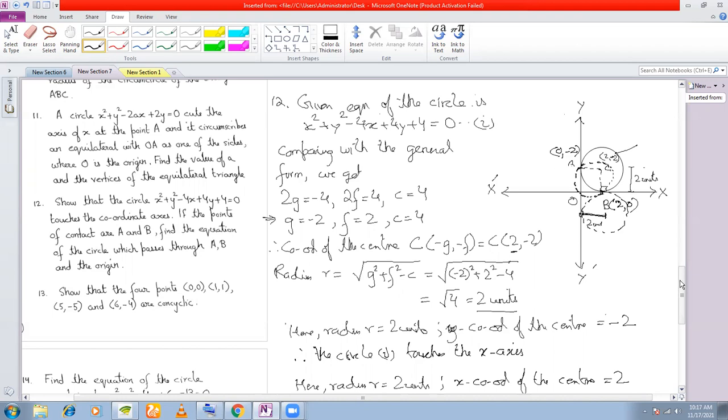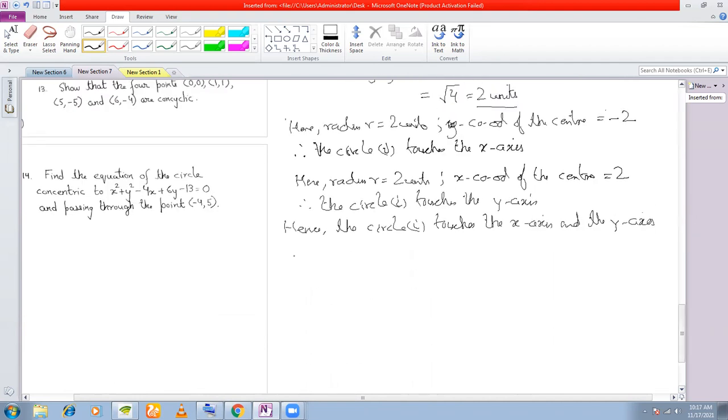So what are the points? Let's write the coordinates first. The coordinates the circle must pass through. This is the second part. The circle must pass through A (2, 0), B (0, minus 2) and the origin. The circle must pass through these 3 points.